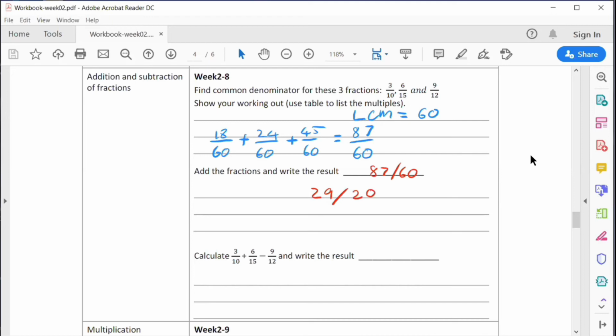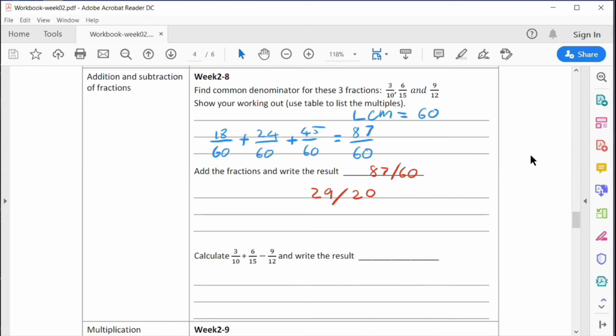All right, the next bit is we are going to do something very similar. This time we do a subtraction. Now, it's very easy. What do you get? So you add the first two and then you subtract.